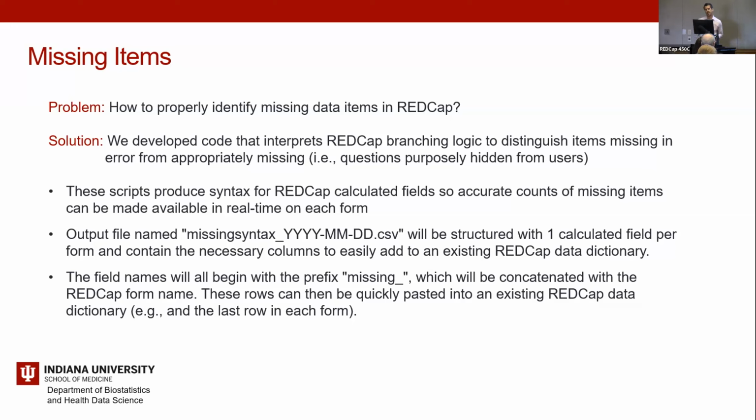So this script produces REDCap calculated field syntax. If you run this script against a REDCap data dictionary, you'll get an output CSV file that will have one calculated field per form. Then you can easily add those to your REDCap data dictionary and upload it into REDCap, and then you'll have these fields.